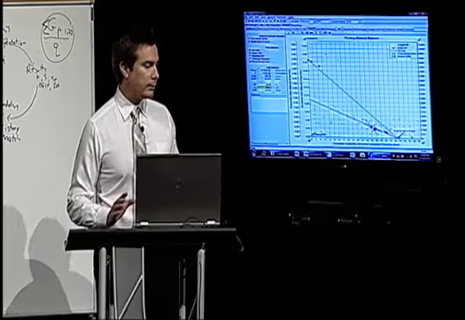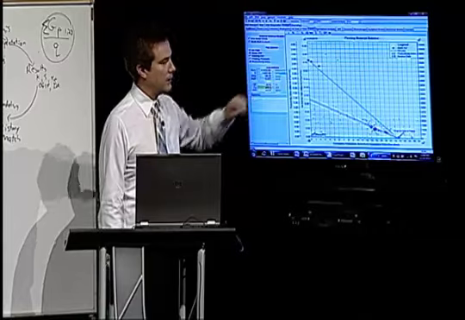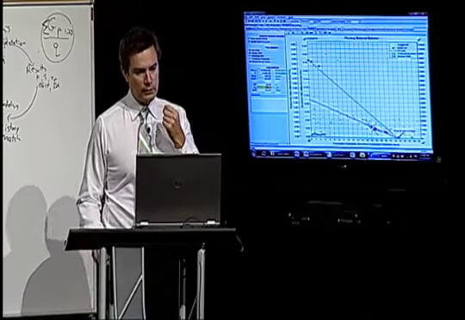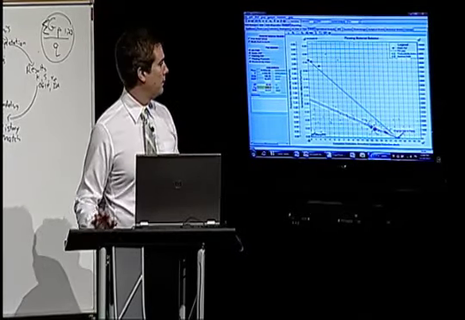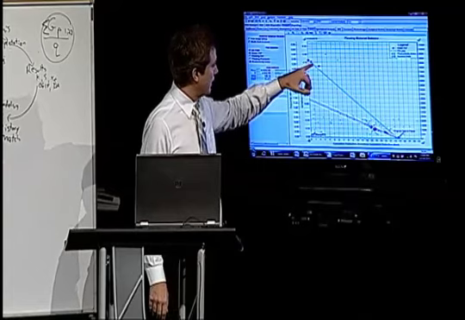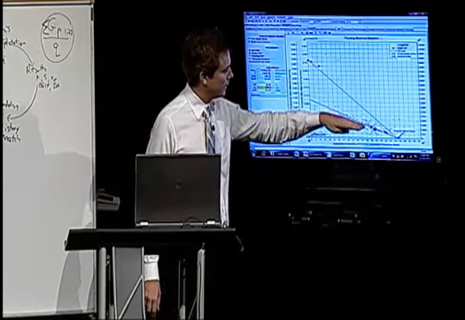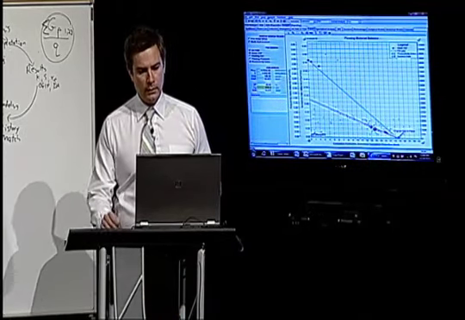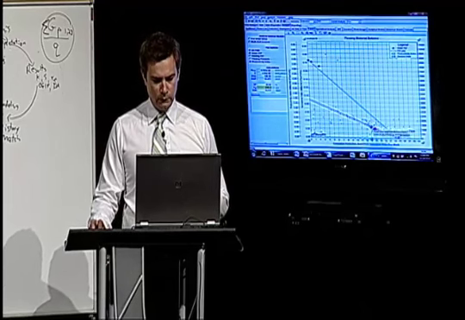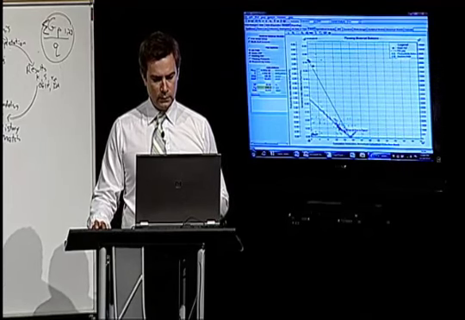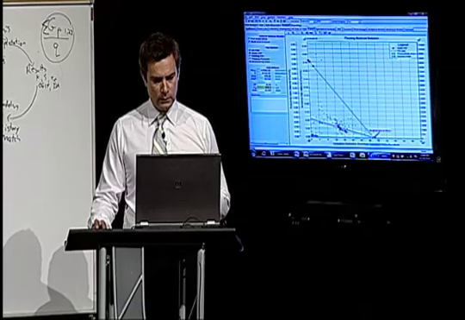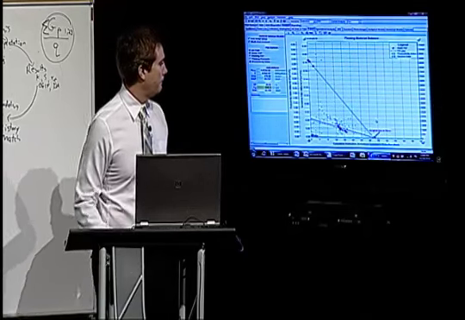All other things being equal, we would expect these to be the same. And the reason why they're not the same in this case is because we actually have a larger reservoir, but we have a declining productivity in the well. What we really should have in this case is an interpretation that looks like that.